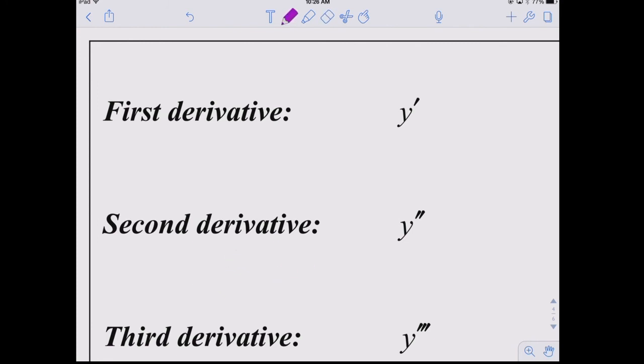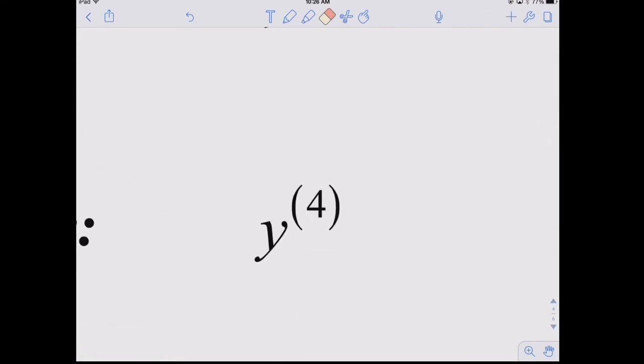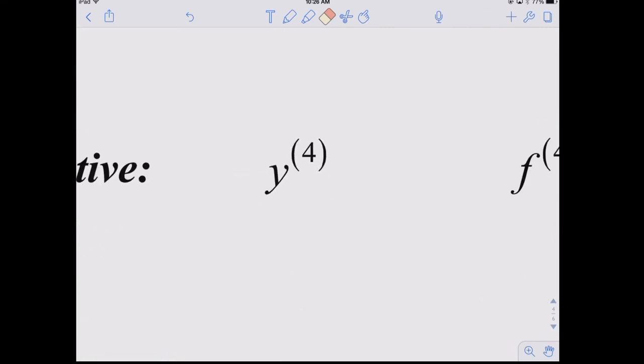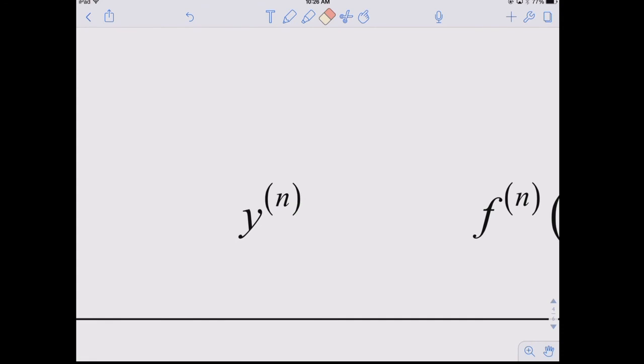Do you think we switch to Roman numerals? I would be for that. If I was at the vote, I would say, yeah, I vote for that. That looks cool. But that's not what we do. We go back to the Arabic numbers. So we write it like that. If you ever see y with a 4 in parentheses as an exponent, that means the fourth derivative. And in general, we have the nth derivative.